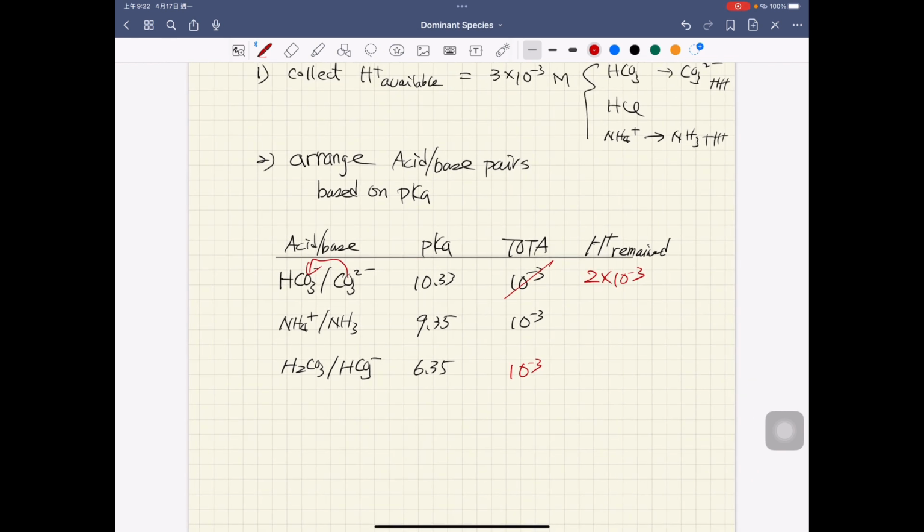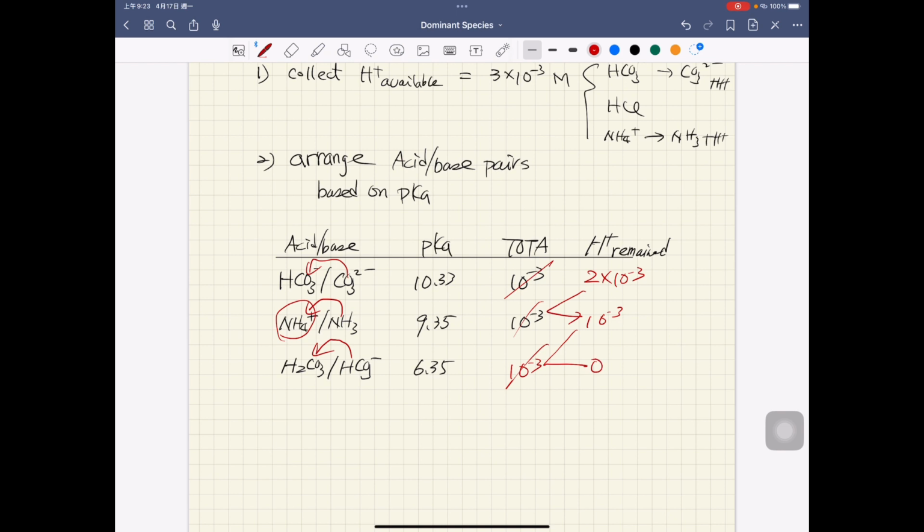And then I'm going to distribute this one to this one, right? So this NH4 plus will become the dominant species, and then I only have 10 to minus 3 left because this one goes to this one, right? Looks like I still have something. So this one will go to this one and get rid of this one.